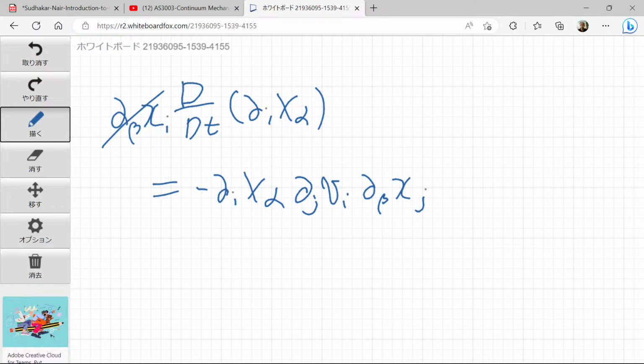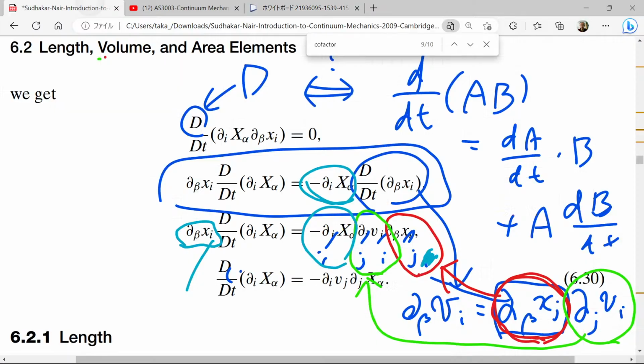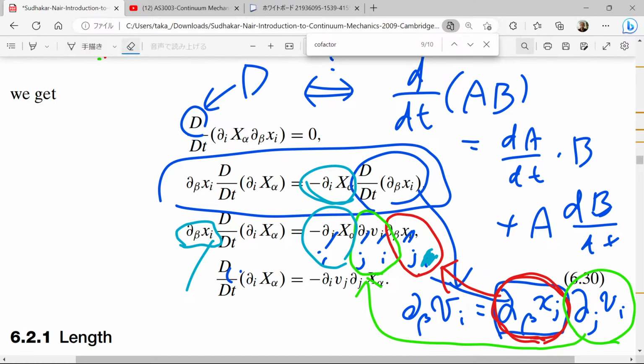See, i is a summation. i is for summation, right? This i is a summation. Then what he says is this thing. Nonsense.